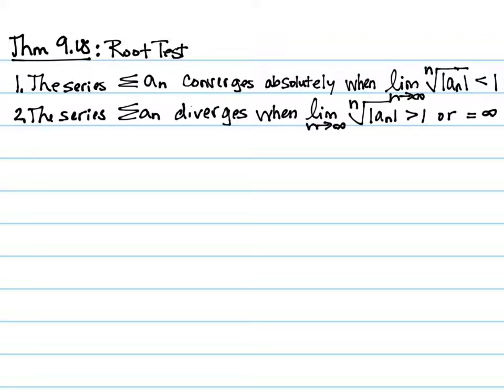Got the wrong thing, equal to infinity. Same piece at the end as the ratio test, right? The first one's less than 1, the second one's greater than 1 or equal to infinity.